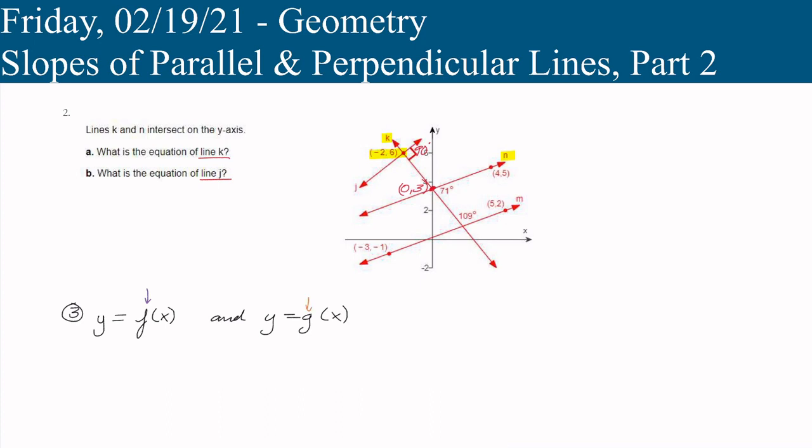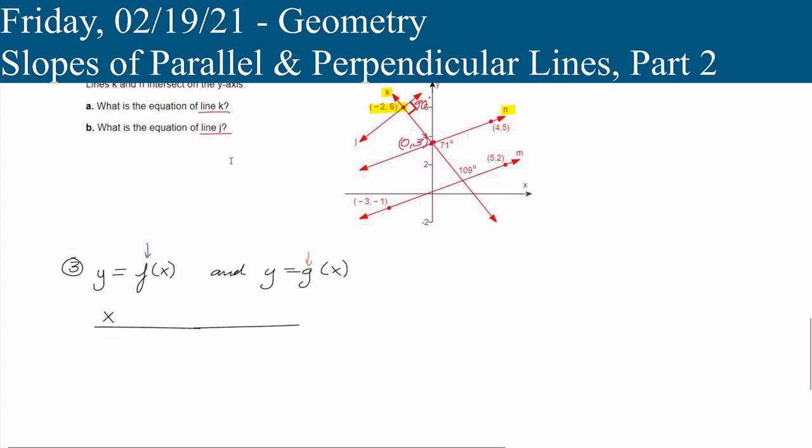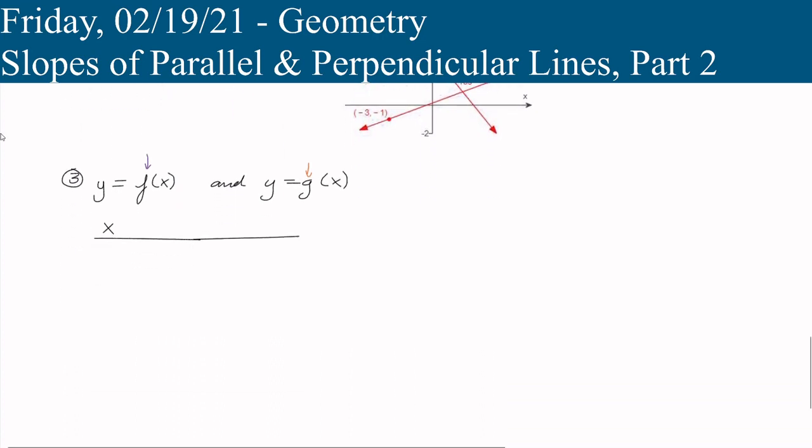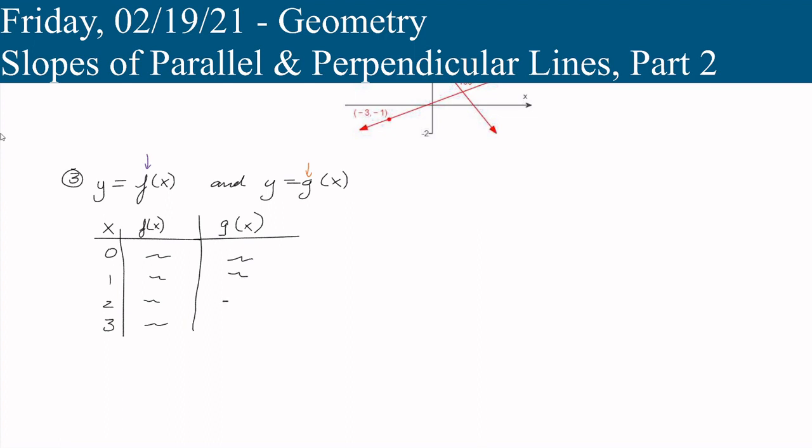You're going to be given a table of values. It's going to be x, and then you have here 0, 1, 2, 3. Then you have f of x here and g of x here with values written in between. You can refer to the PDF for those values.